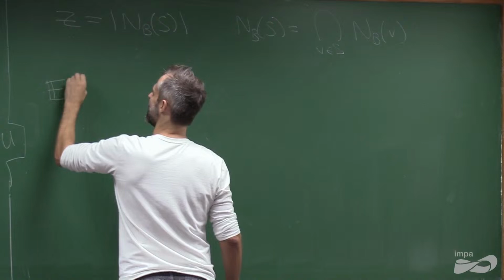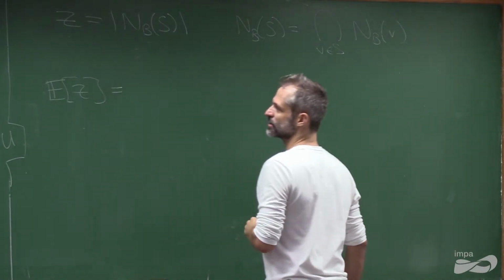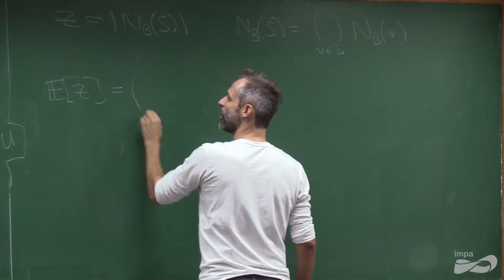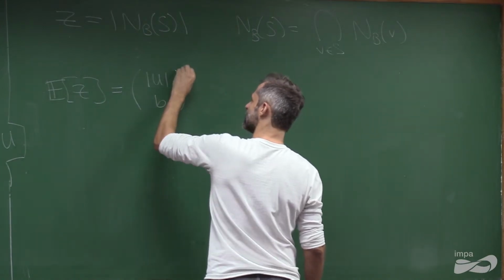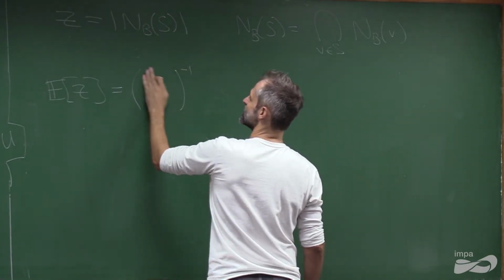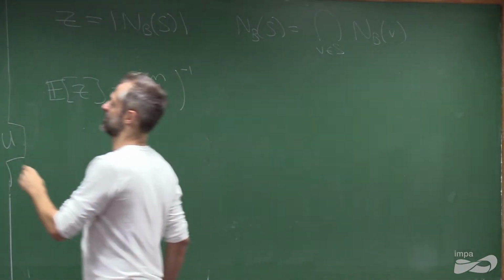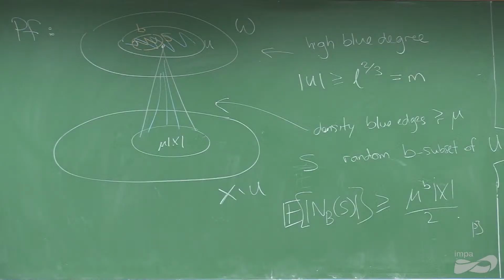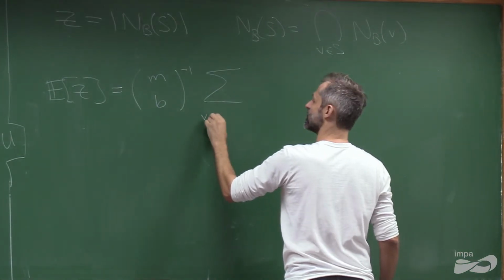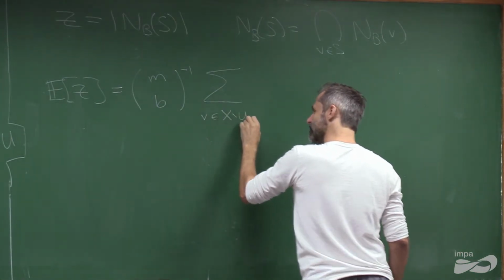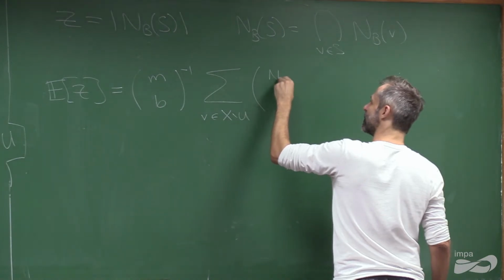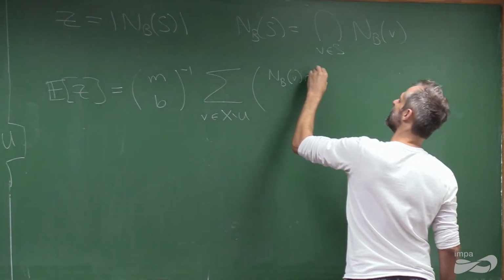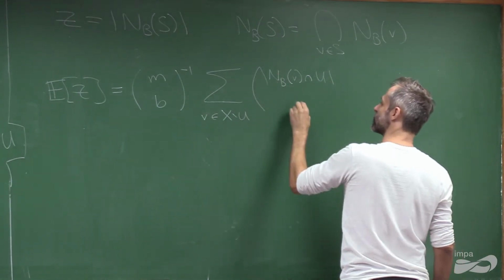So the expected value of Z equals 1 over size of U choose B. I'm going to call the size of U M. Times the sum over vertices of X minus U of the size of the blue neighborhood of v in U, choose b.